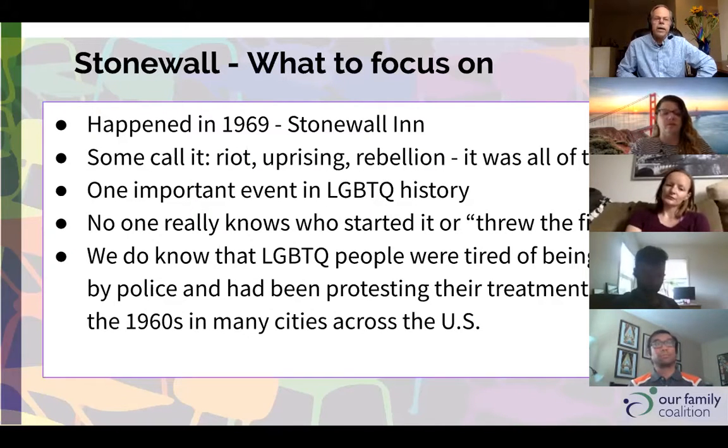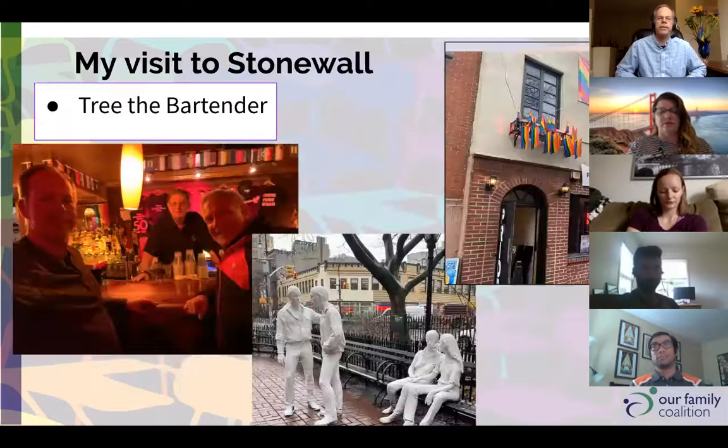And so that's the important part to remember, to put it in the context of other history. The 60s was a big protest decade for lots of protests. And you heard about the sip-in, similar to the sit-ins. All of those things were going on at the same time. But that's the Stonewall. Lots of different things you could dive into in lots of different ways.